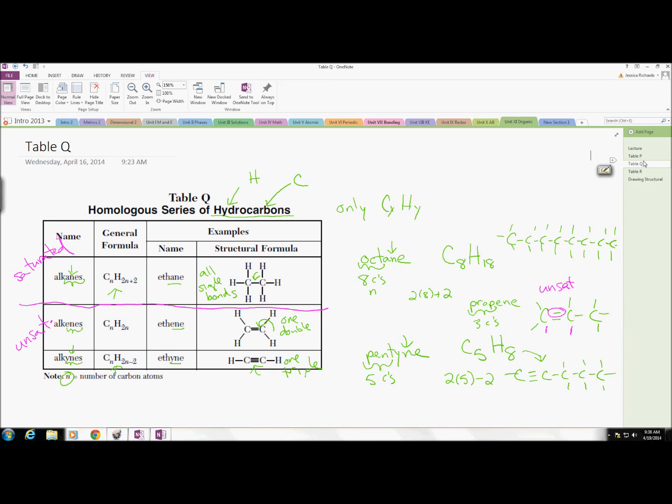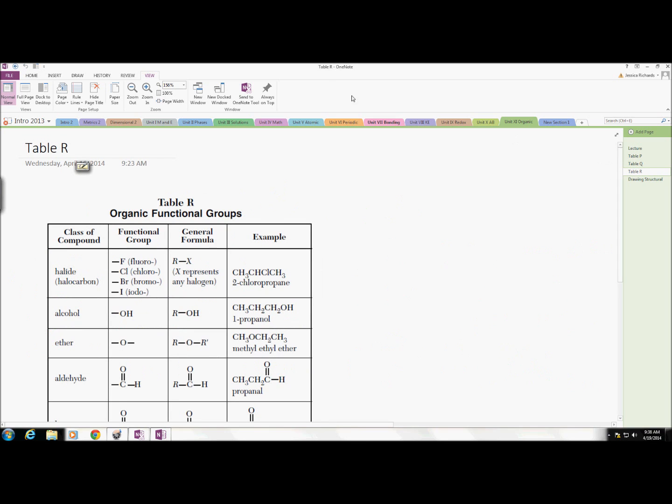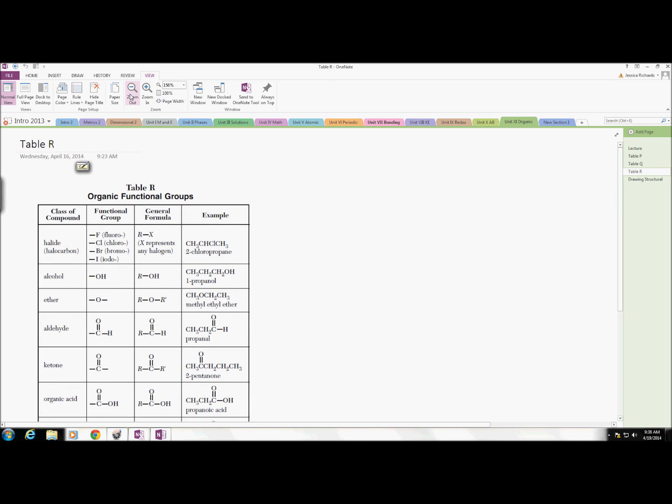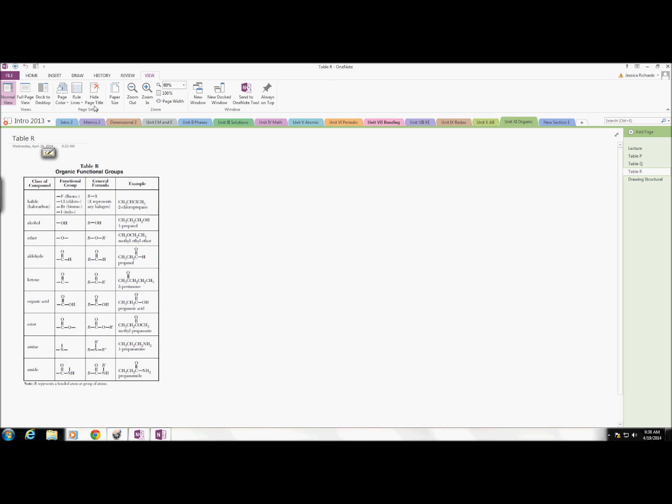On to reference table R. Not every organic molecule is going to have just hydrogens and carbons in it. Most of the time, they're going to have other things attached to them. So I know I zoomed this out so it's smaller. I want to show you the whole table at once first, and we'll zoom in later if we have to.